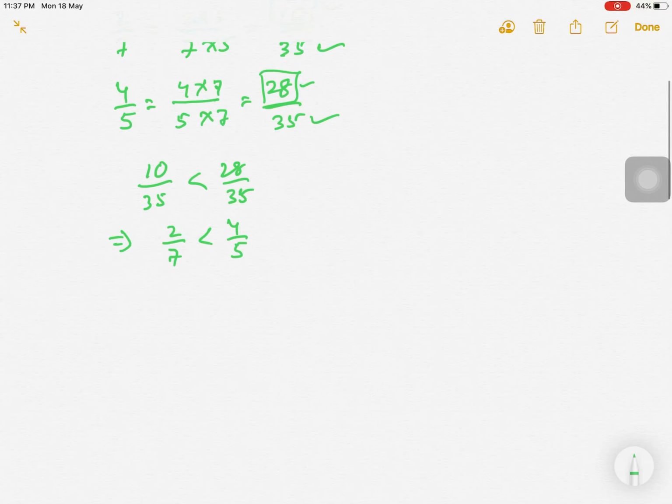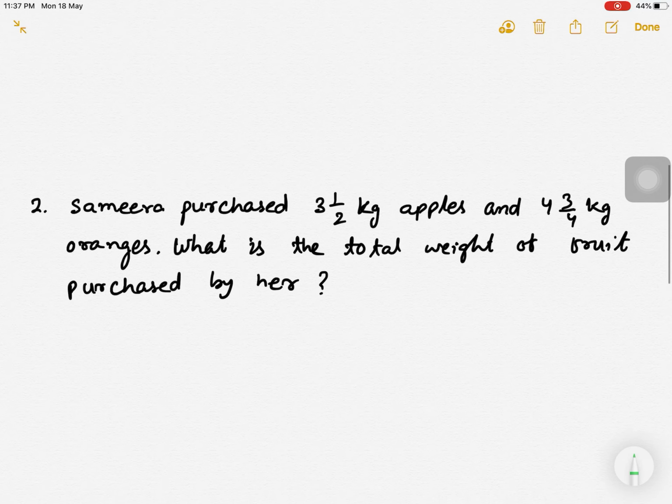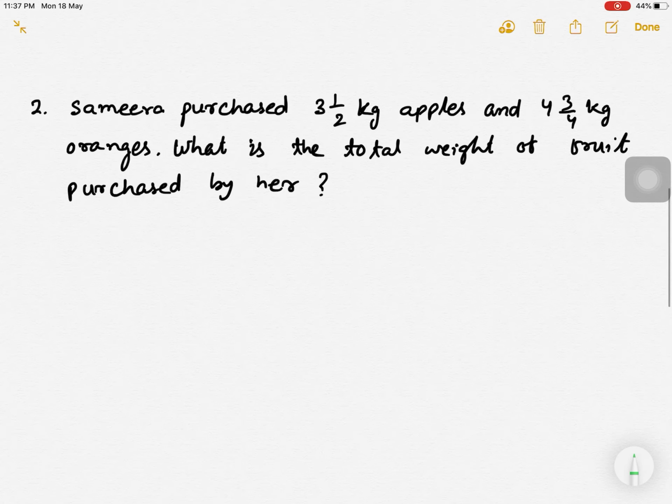Okay. Now let us take another example. Samira purchased 3 whole 1 by 2 kg apples and 4 whole 3 by 4 kg oranges. What is the total weight of fruit purchased by her?